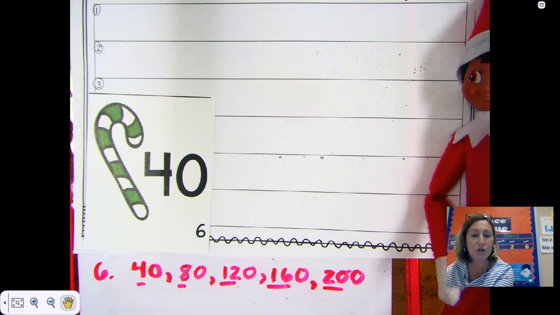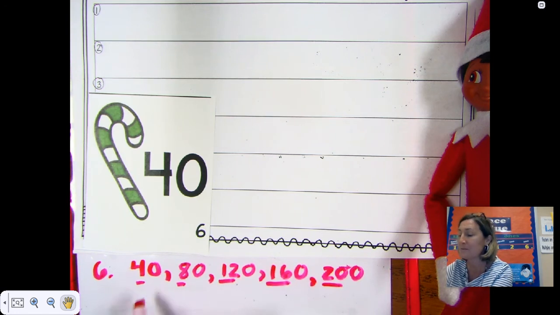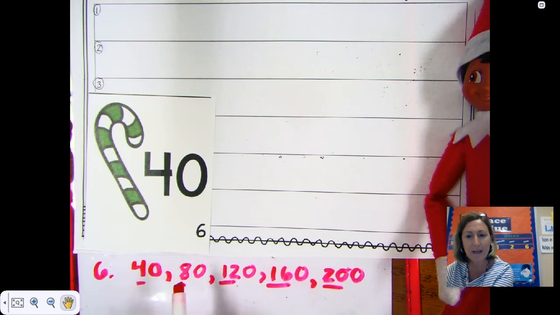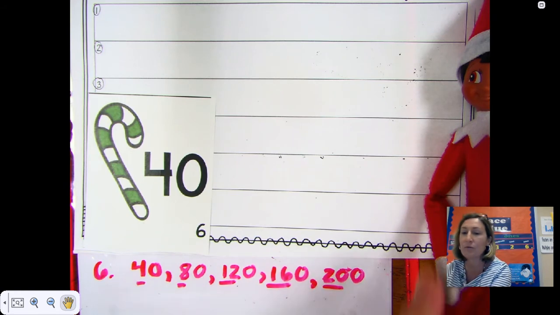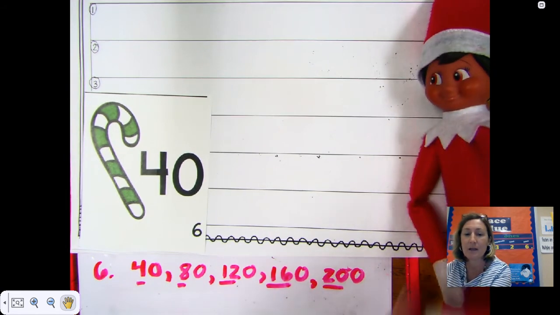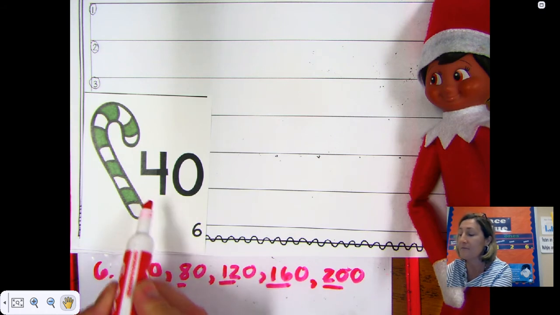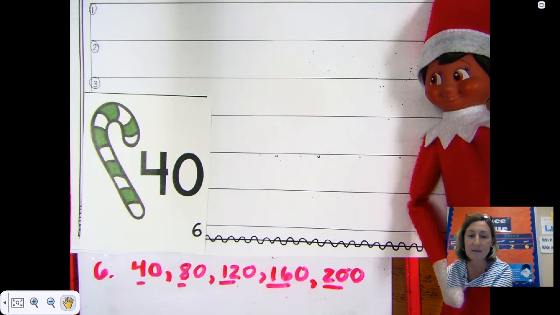So when you are asked to do the first 5 multiples of a number, we're going to skip count 5 times by that number. So 40 sounded like it might have been tough. What do you think? Get in there and take a look. There you go. You check me now. But we know that it's just really 4 with a 0 on the end because 4 times 10 is 40.